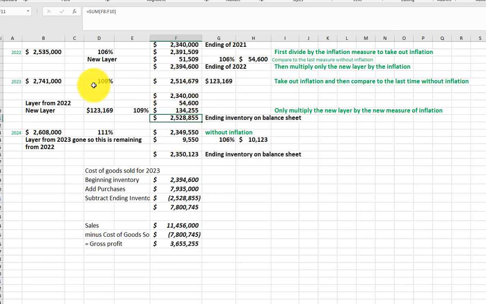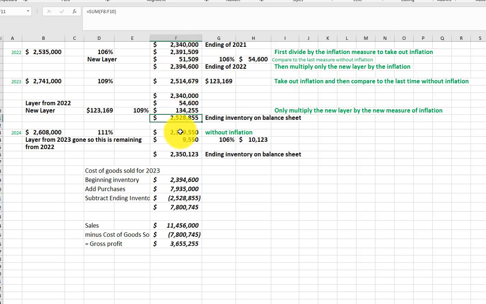So 2023 is now gone away. We have had what's called a LIFO liquidation, and a layer has been stripped away, and is never going to come back. 2023 is now no longer involved in our process of calculating the inventory. In fact, it's even less than what we came up with here.